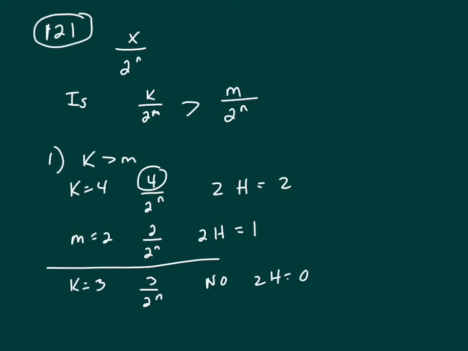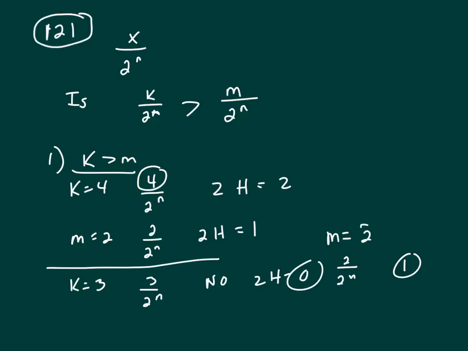And now let's let m equal 2. So once again, I'm satisfying k is greater than m. So that would be 2 over 2 to the n, and the 2 height would have to be 1. But this time, it's not a true statement, because 0 is not greater than 1. So clue 1 does not work.